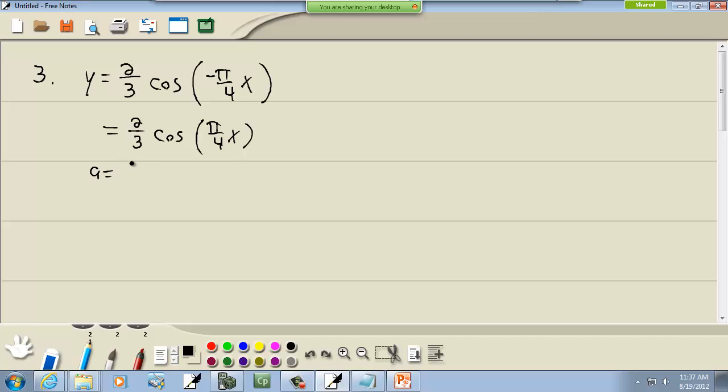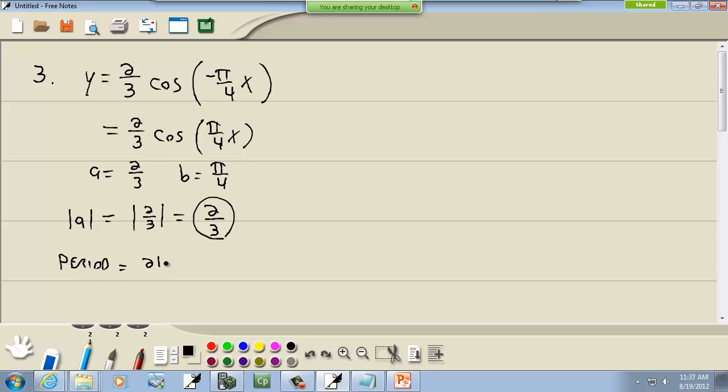Well, a is 2/3, the number in front of our trig function. B is the number in front of our x, which is pi over 4. So our amplitude is the absolute value of a, which is the absolute value of 2/3, which gives us 2/3. Our period is 2 pi over b.